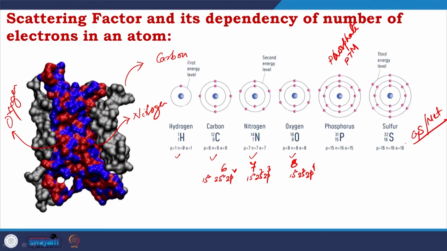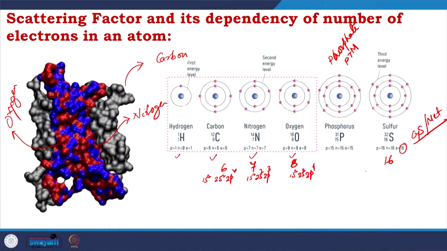It is very difficult to differentiate between carbon, nitrogen and oxygen. Sulfur, having 16, is better, but it does not create a huge difference in terms of scattering ability.